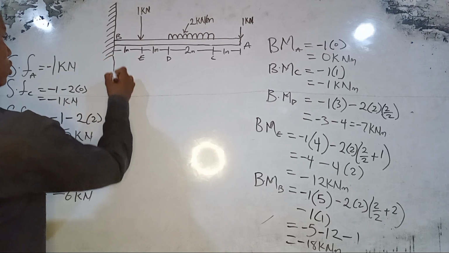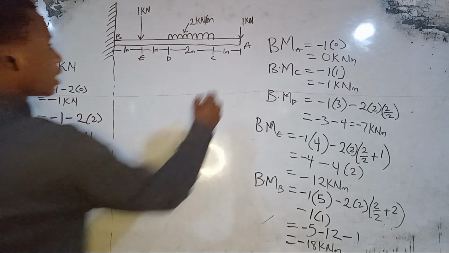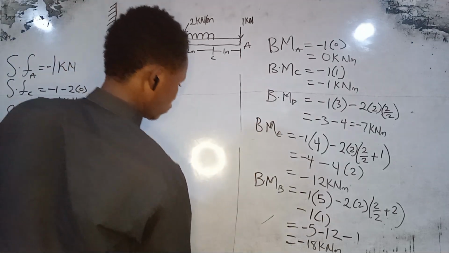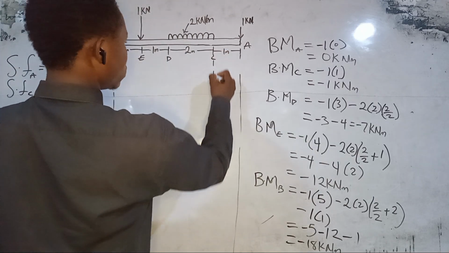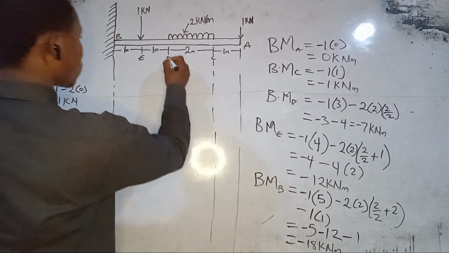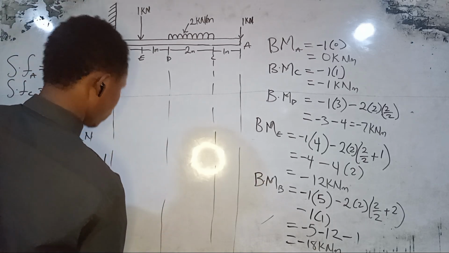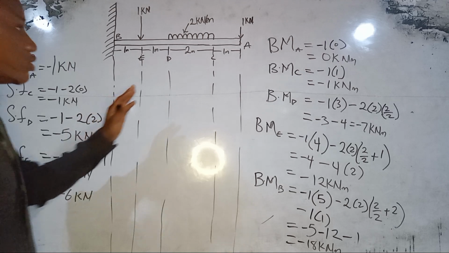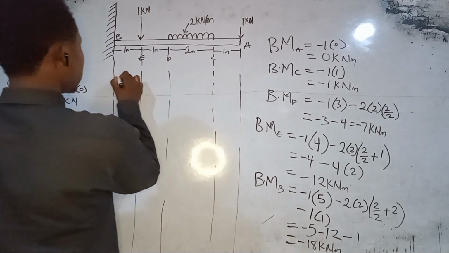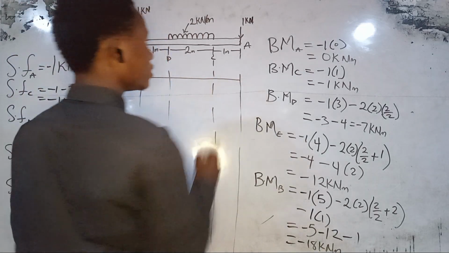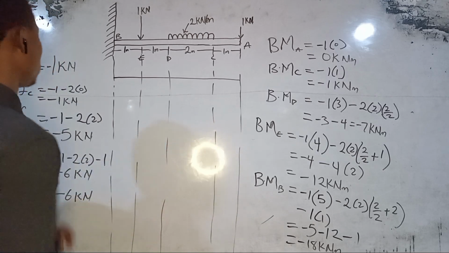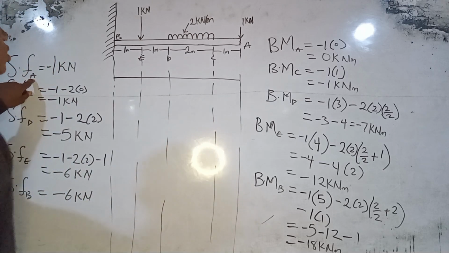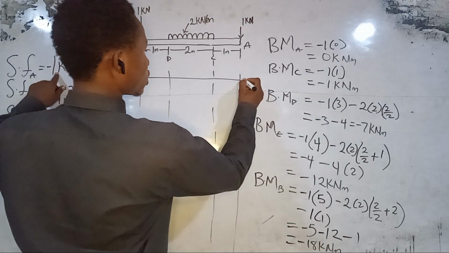Now for the shearing force drawing and the bending moment drawing. First of all, for the shearing force, we draw our neutral line, which is 0. Then our shearing force at A is 1 minus 1 kilonewton.